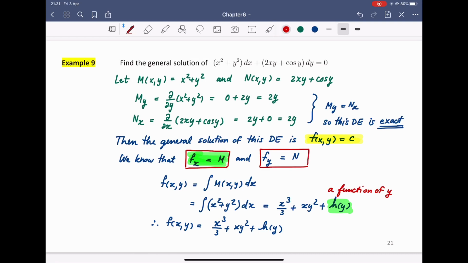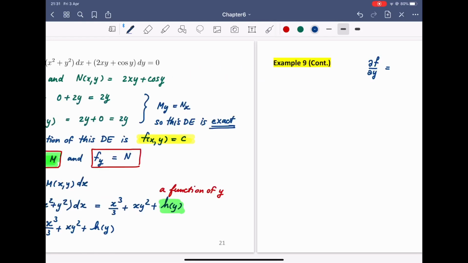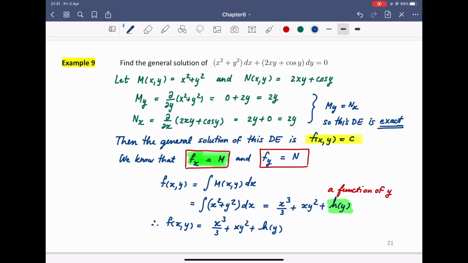Well, once I have this function f, I can use another condition here, f sub y equal to n. So I'm going to differentiate this with respect to y and set it equal to n. Differentiate x cubed over 3, I get 0. Differentiate xy squared with respect to y, I get 2xy.